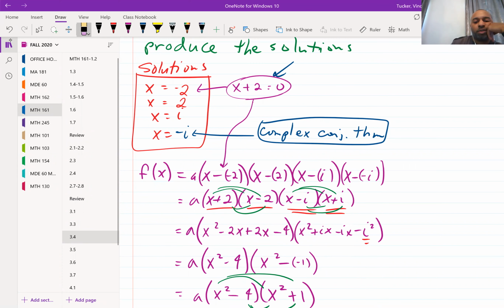And so that will be your result: x squared minus 2x plus 2x minus 4 right here, and then x squared plus ix minus ix minus i squared. See that our middle terms will cancel in both cases. And also i squared is equal to -1.